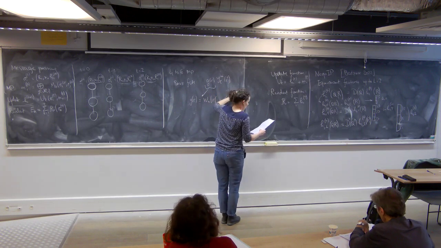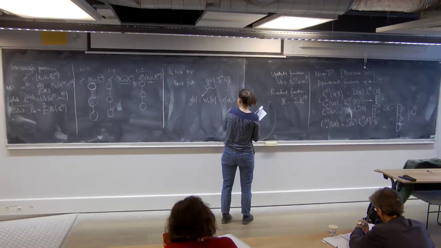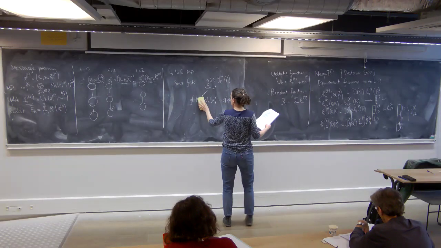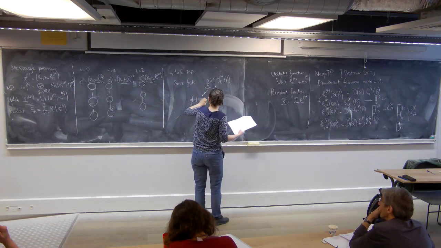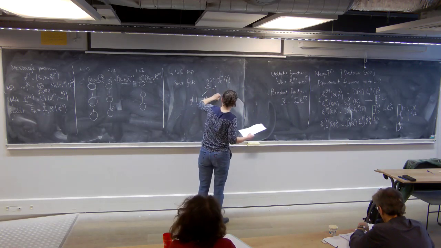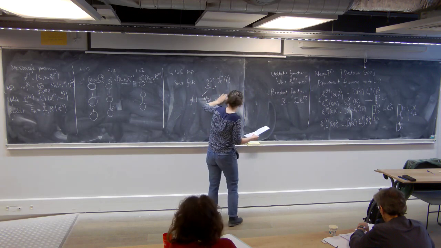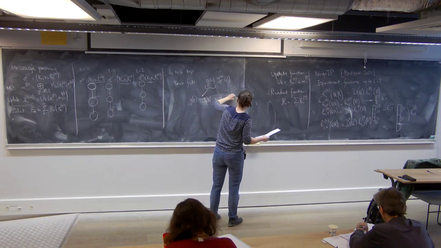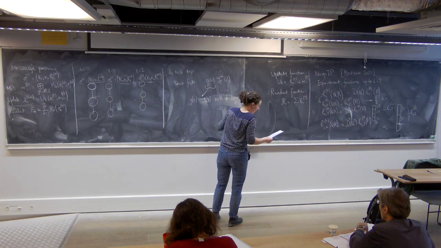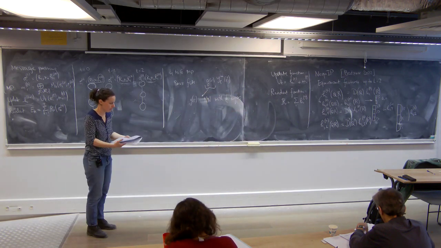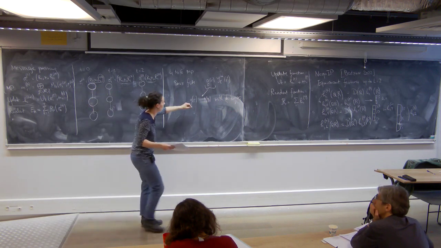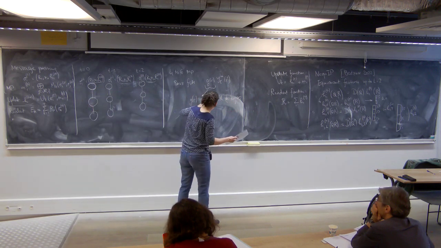I would just write it more abstractly as a neural network with n layers. And then in this neural network, the activation function.